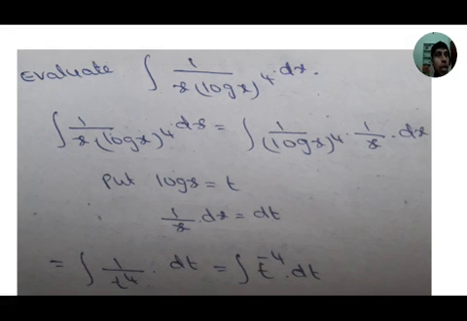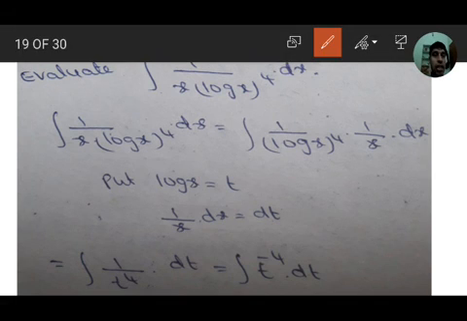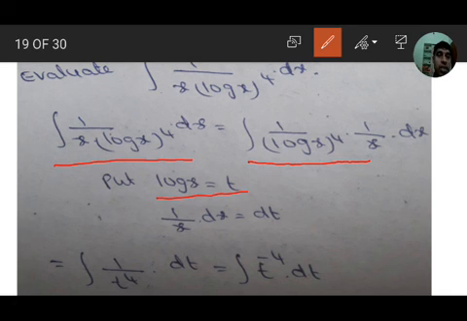That is, the integration of 1 by x into (log x) whole to the power of 4 dx equal to the integration of 1 by (log x) whole to the power of 4 into 1 by x dx. Differentiating, we get 1 by x into dx equal to dt.